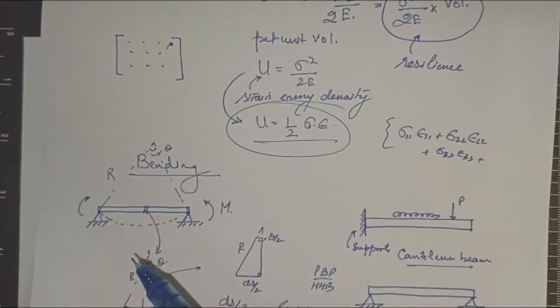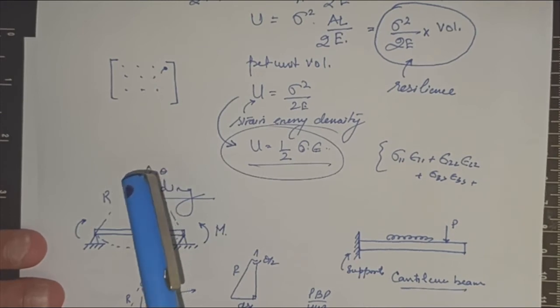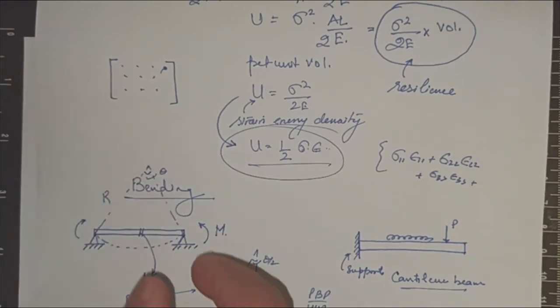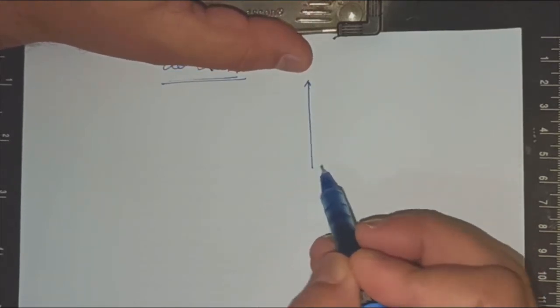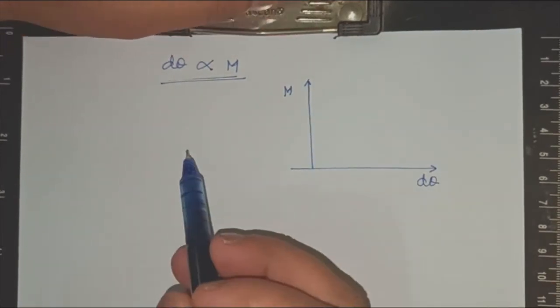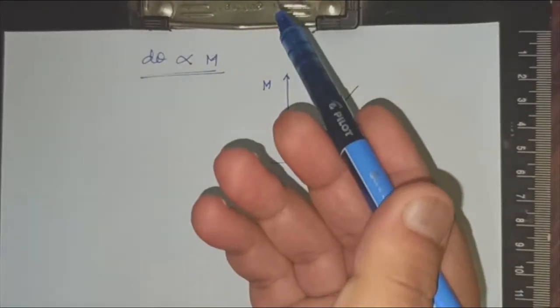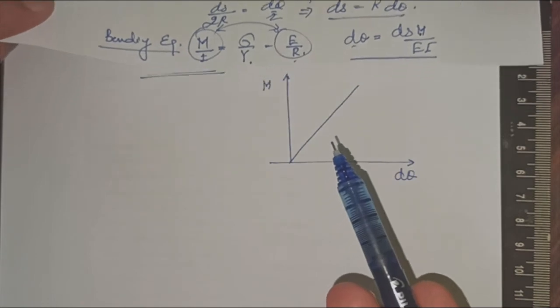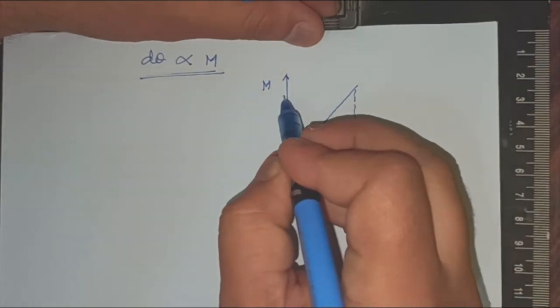As I increase my moment, the theta subtended at the center will become higher and higher. So there is a linear relationship between the two, and if you make a graph of bending moment versus d theta, the graph is linear because the relationship is directly linear, and I am increasing the bending moment gradually.